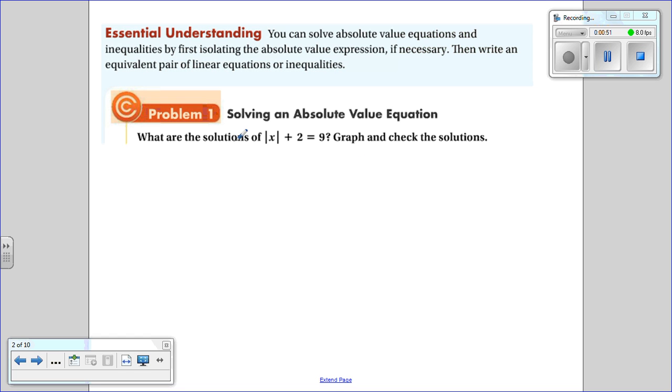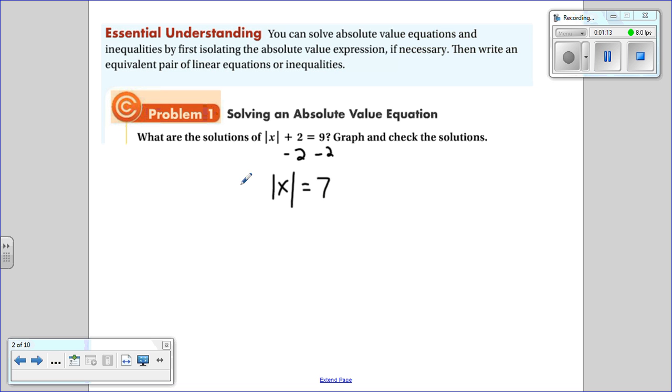When you're dealing with an equation with absolute value, we treat it the same until we get the absolute value part alone. So we still subtract 2 from both sides. We have the absolute value of x equals 7.